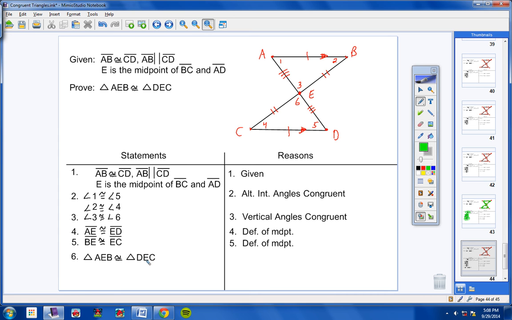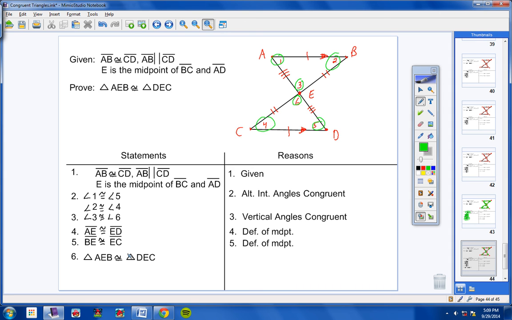And look, students, I was very careful to write my congruence statement very accurately, okay? Angle A corresponds with angle D, and that's right. Angle E corresponds with E, and that's right. This here and this here. Angle B corresponds with angle C. Well, that's right. This angle is congruent to this angle.